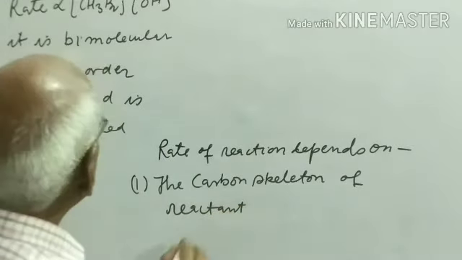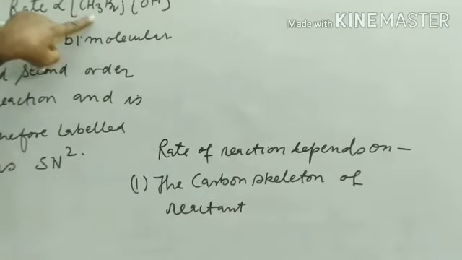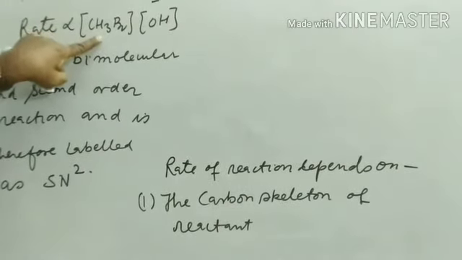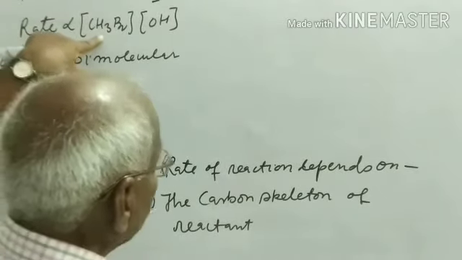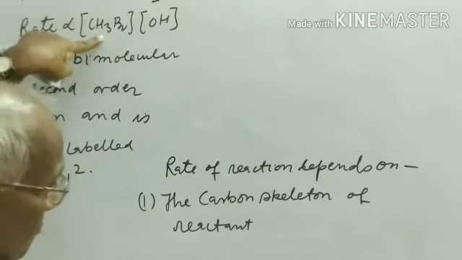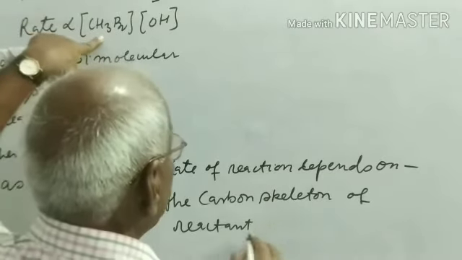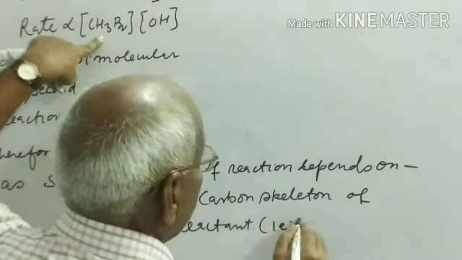This is methyl bromide, the carbon skeleton is not branched, so it is poor in branching. So, the carbon skeleton of the reactant is important, that is, 1 degree is preferred.